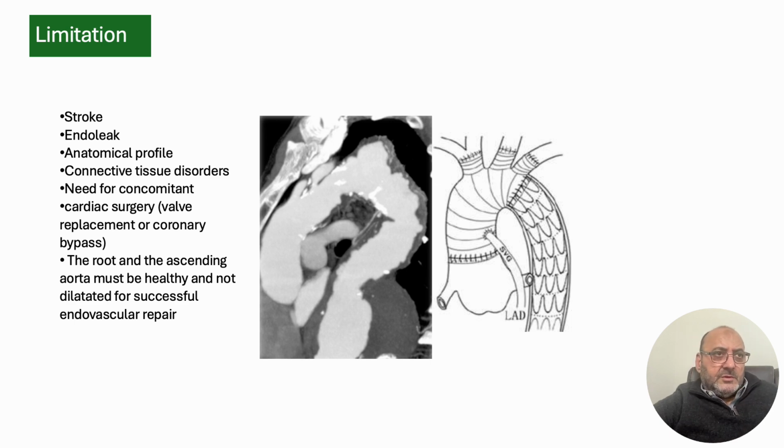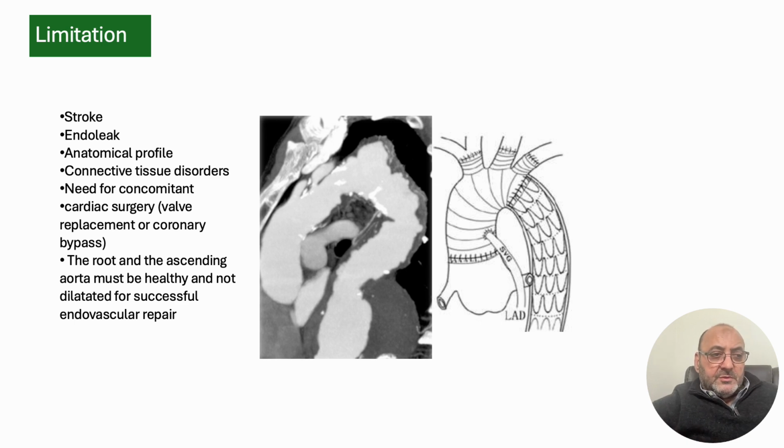A lot of times if you have a type A dissection with valve insufficiency, or congenital disease such as a bicuspid valve, you need a valve replacement, and that was an issue with doing these procedures in the past.